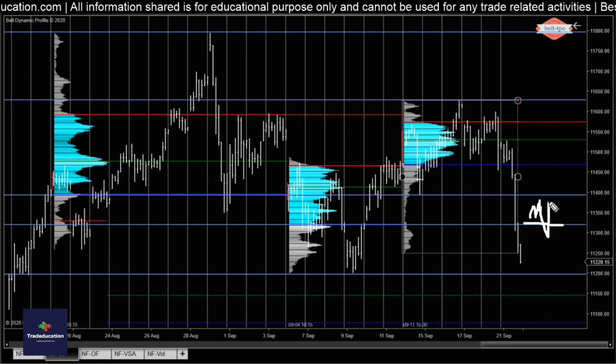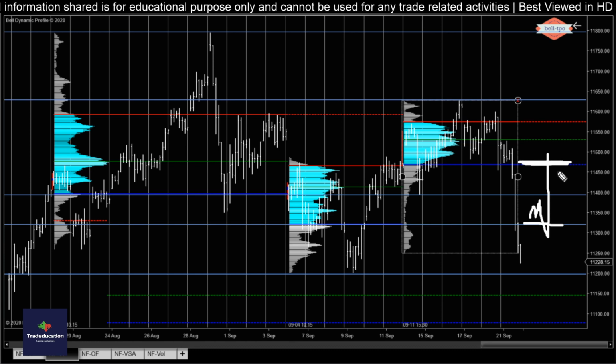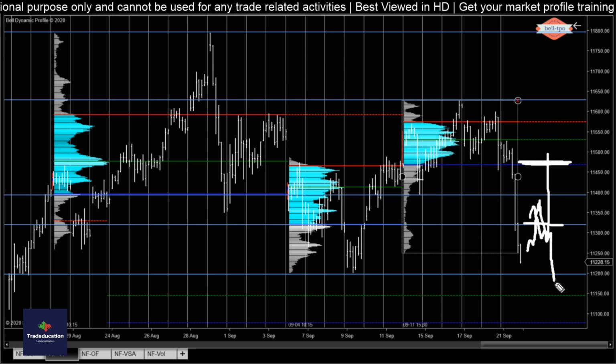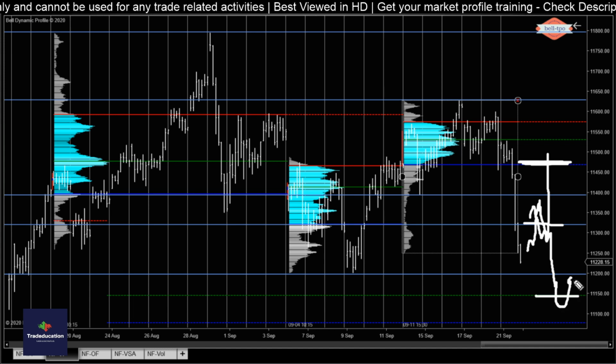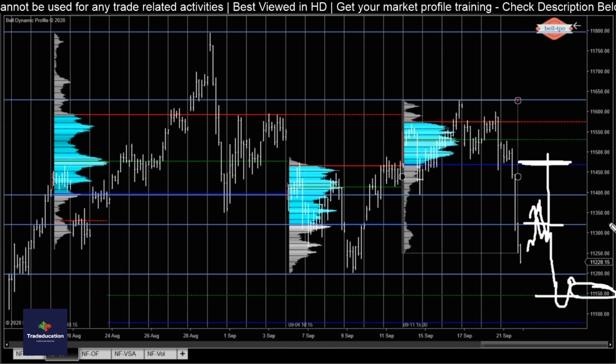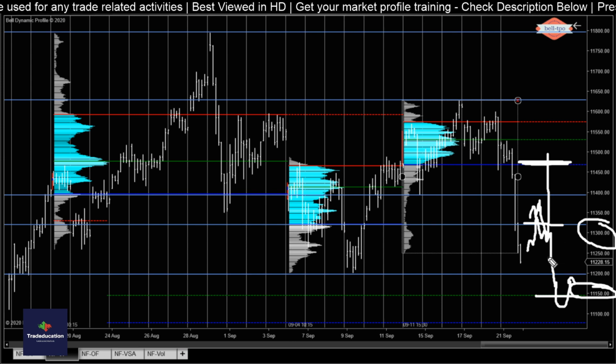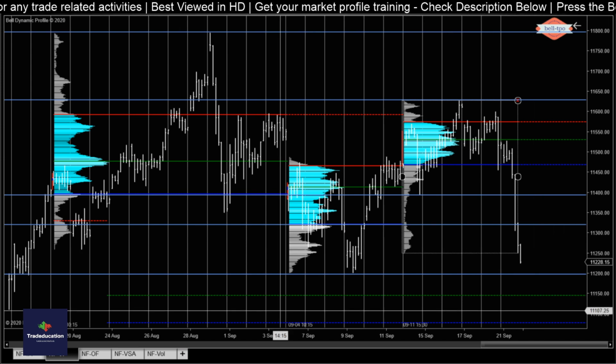Some sort of reversal should be seen and we should go higher, tagging the value area low. Second, if the auction opens below this reference line, then I'll be expecting this to act as a level of resistance and then continue to the lower side, tagging this VPOC, 11,150. So these are some of the trade plans I'm having from a positioning perspective.